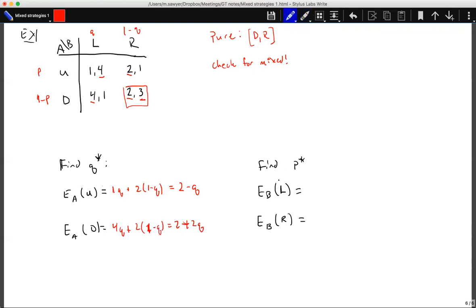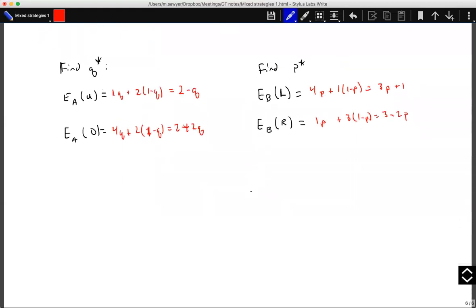If B plays left, we expect 4P plus 1 times 1 minus P. So we get 3P plus 1. B plays right, we get 1P plus 3 times 1 minus P. So we get 3 minus 3P plus 1, so minus 2P.